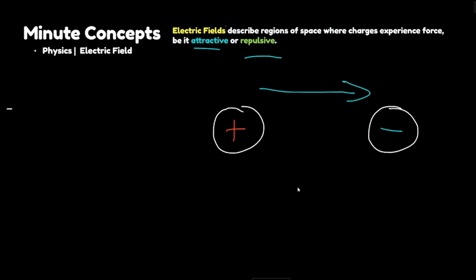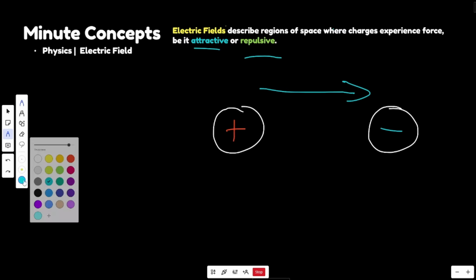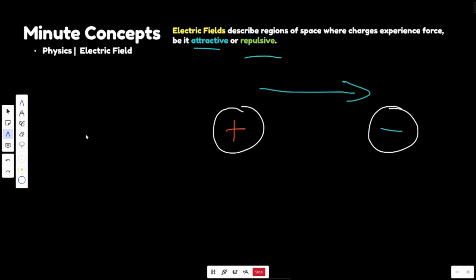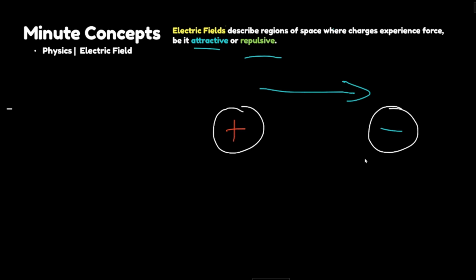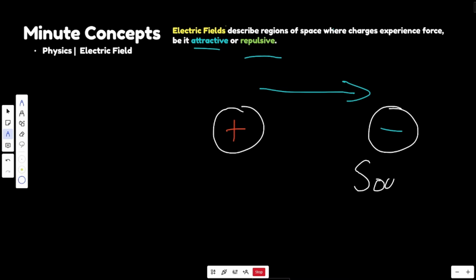Now, we have to label some parts as just a set of jargon, perhaps. So, the area that we're trying to measure the electric field with reference to, or the point whose electric field we want to measure, is what we call the source point. And this source point is self-explanatory.